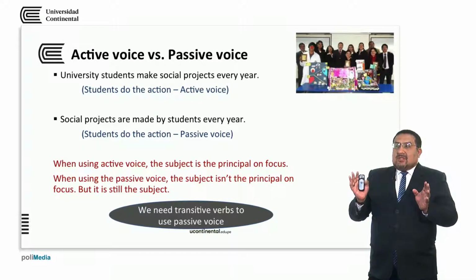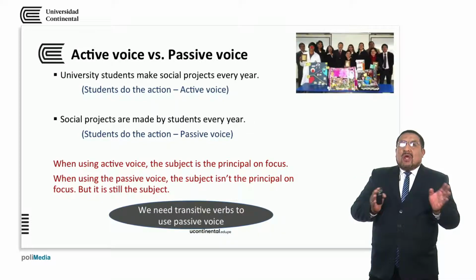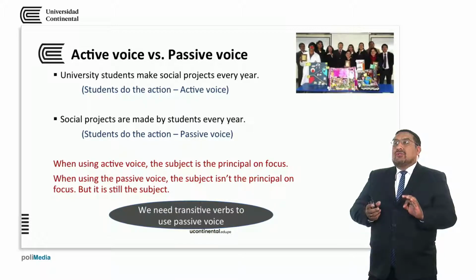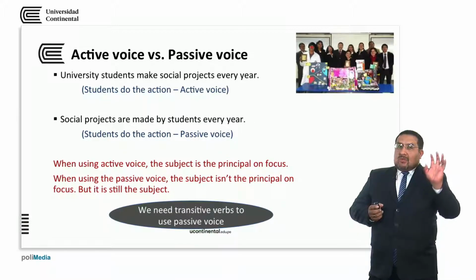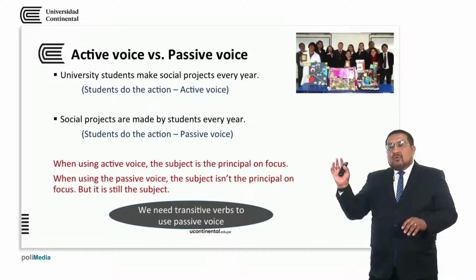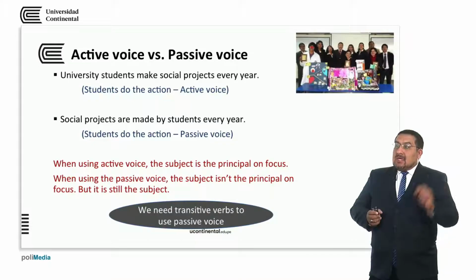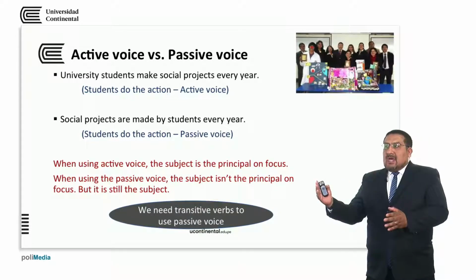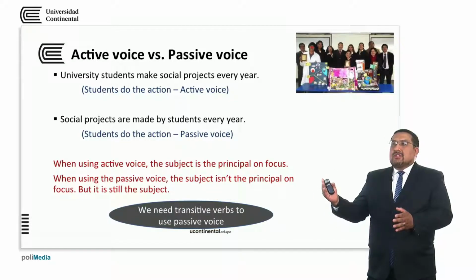The verb that you use there is called a transitive verb. The transitive verb is needed for this sentence because we need a person who does the action and another person who receives the action. Students do the action. That's the active voice. Who receives the action? The social projects.